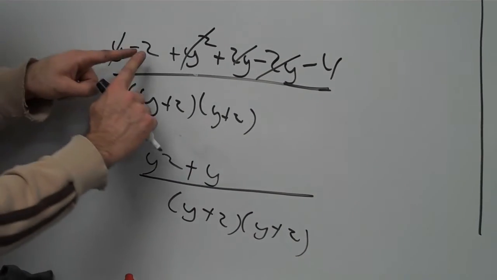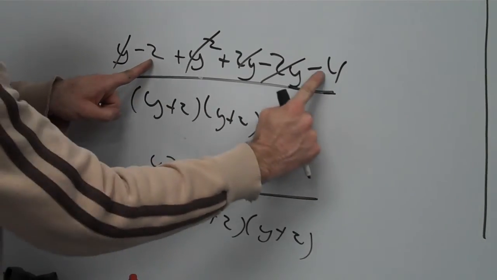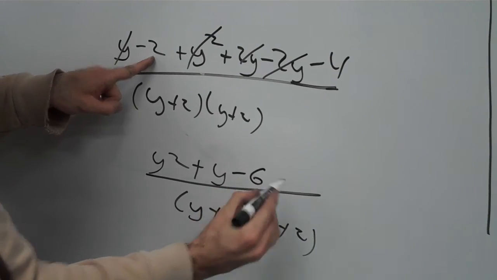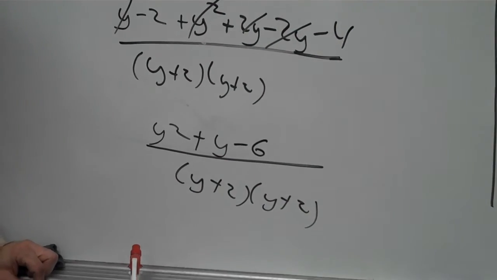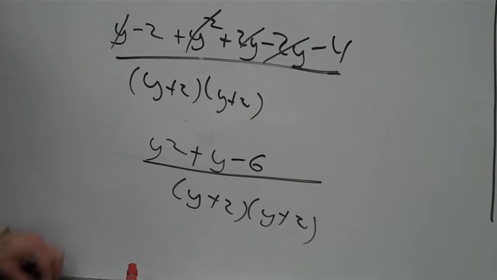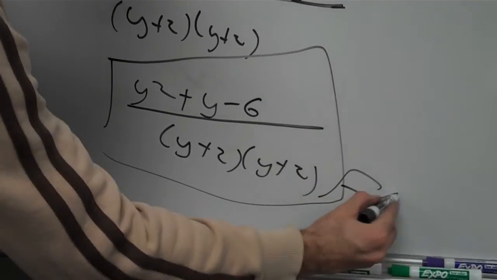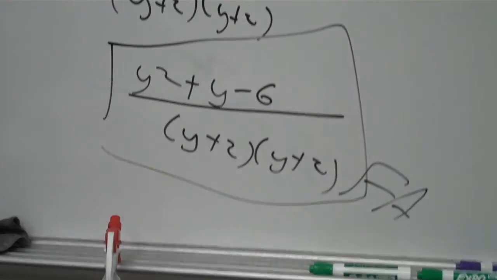Lastly, we have a negative 2 and a negative 4, so negative 2 minus 4 is negative 6. If possible you could factor the top, but there's no need to do that. We're going to leave it just like that, and this will be our fantastic, awesome answer.